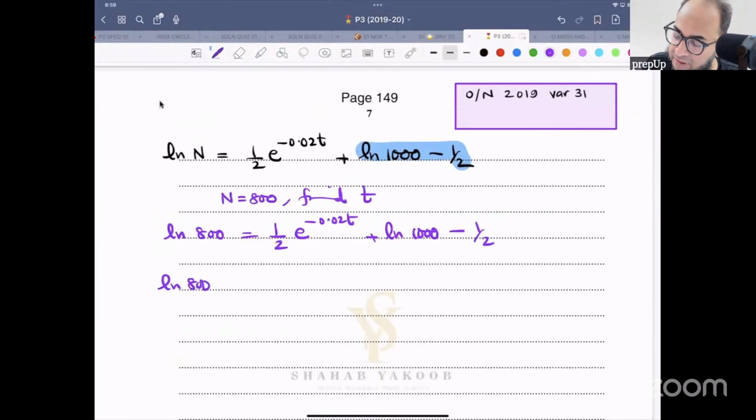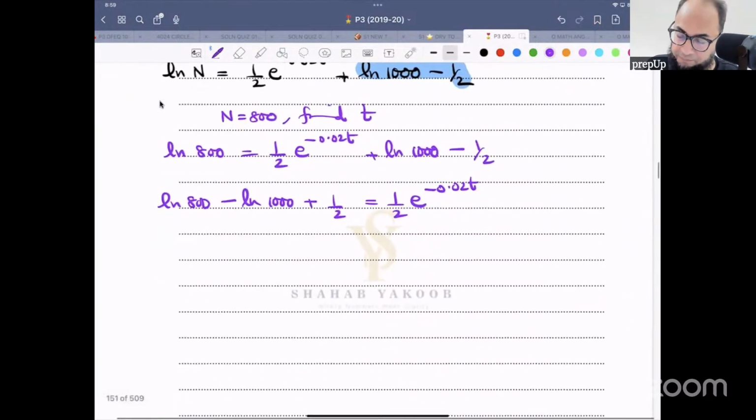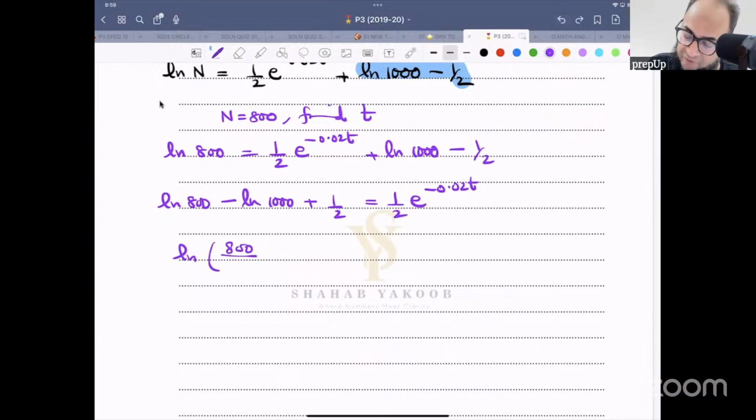Ln of 800 minus ln of 1000 plus half is equal to half e raised to the power of negative 0.02t. You can just use a calculator or simplify it further, that's your choice. Ln of 800 over 1000 plus half, multiplied by 2, is e raised to the power of negative 0.02t.